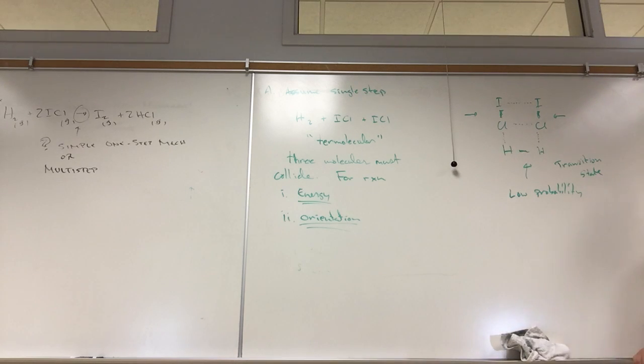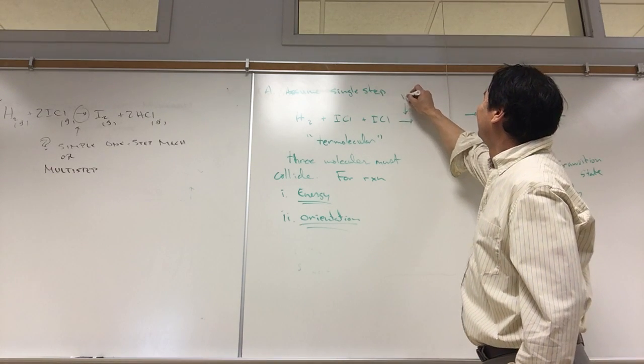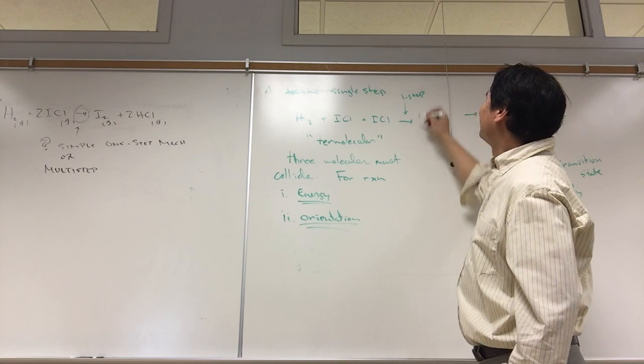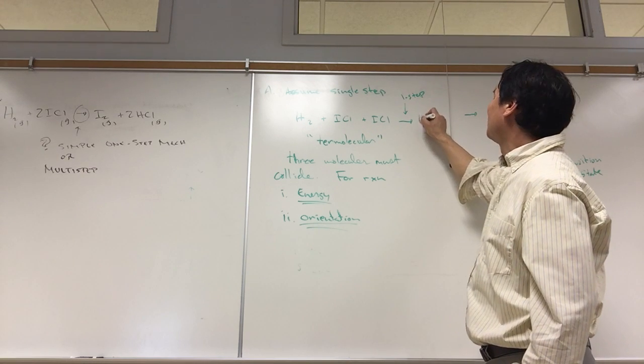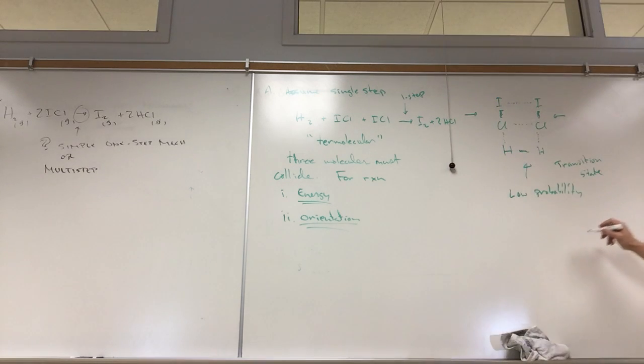But if we assume that it's a single step, then the rate is quite simple, because there's one step here. And if there's only one step, then we're going to go straight to product, which is I2 plus 2 HCl. And so there's just going to be one hump. So we start off here, there's going to be one hump, and then it's going to drop down to the product. Let's say the products are more stable.